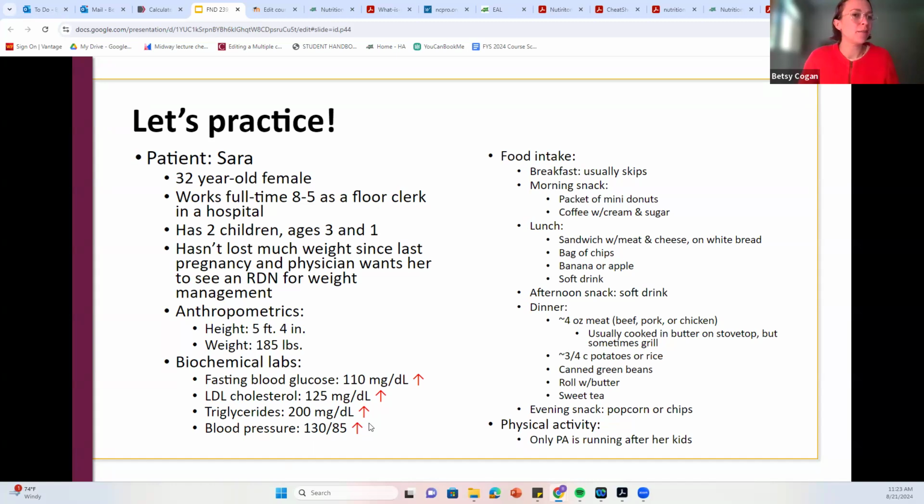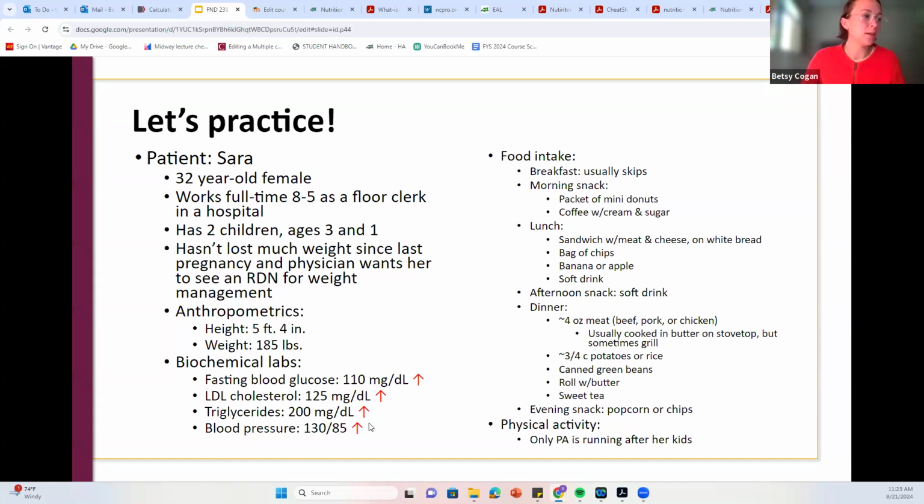And these slides are available on Moodle, so you can refer back to them, right? But if we're looking at Sarah, maybe we want to calculate a BMI for Sarah. If we use our Hamwi equation, we know that the ideal body weight for someone that's 5'4" is 120 pounds. So knowing that her weight is 185 pounds, this is above the ideal body weight for Sarah.